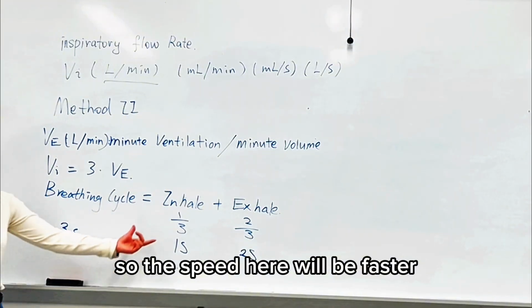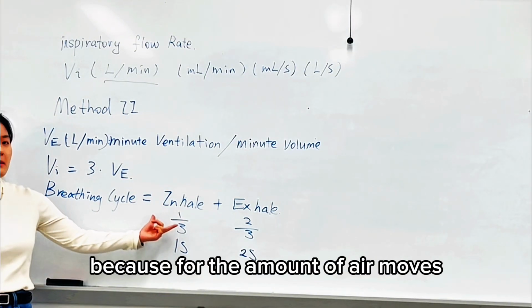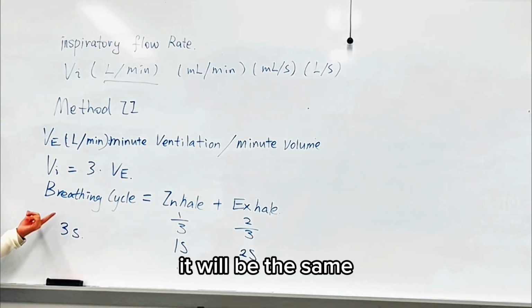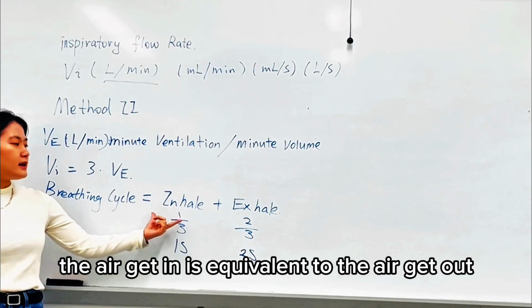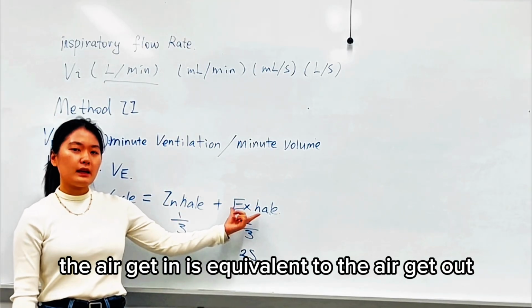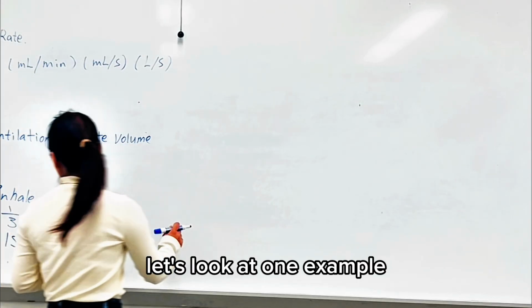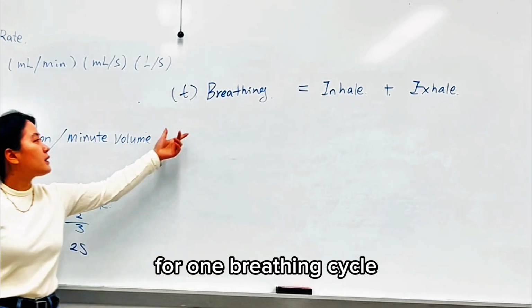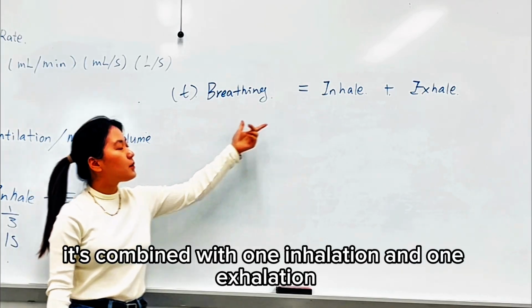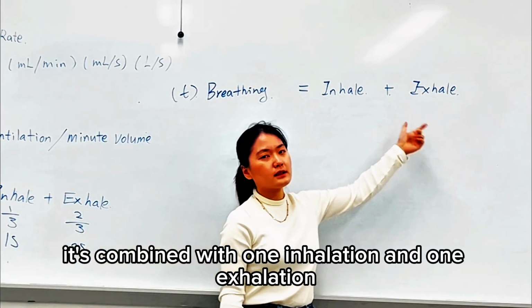The speed here will be faster because the amount of air moved will be the same. The air that gets in is equivalent to the air that gets out and equivalent to the air exchanged in one cycle. Let's look at one example. One breathing cycle combines 1 inhalation and 1 exhalation.